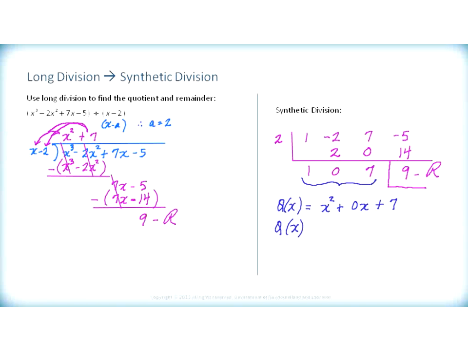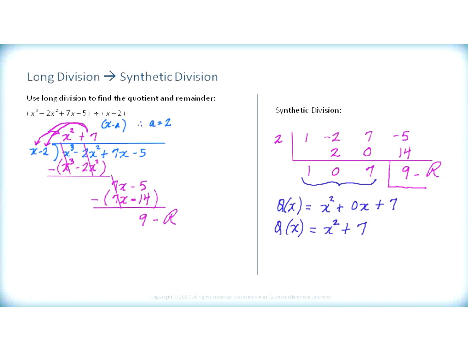You do not need to put in 0x for your linear term, so we simply state that the quotient q of x is equal to x squared plus 7. This represents the same quotient that we found when we used long division. So synthetic division is a much shorter method of finding the quotient and the remainder when a polynomial is divided by a binomial.